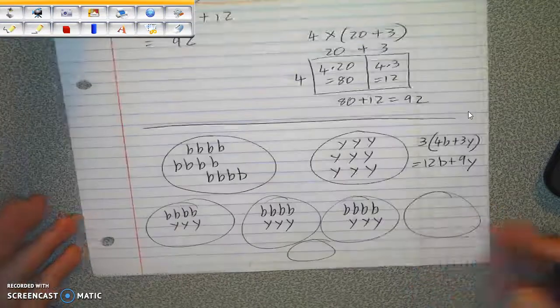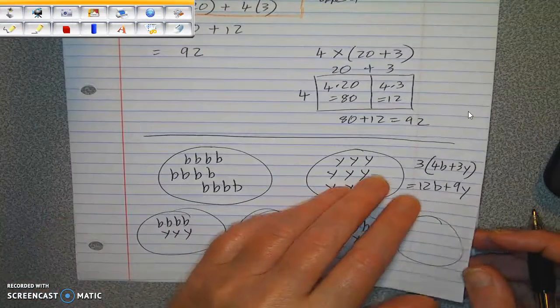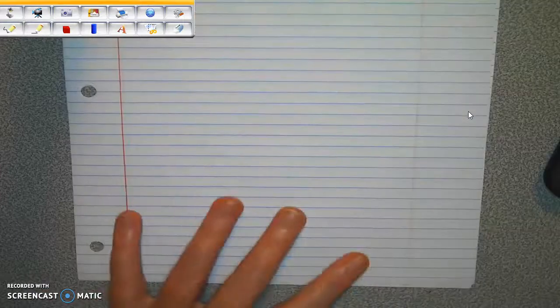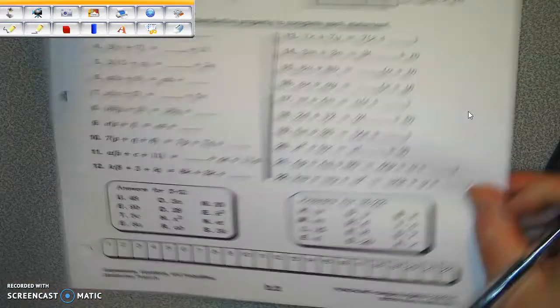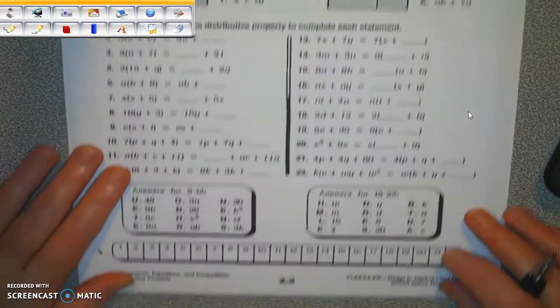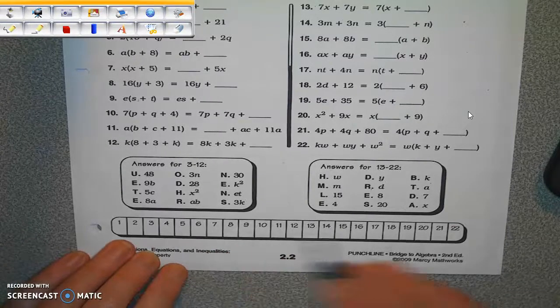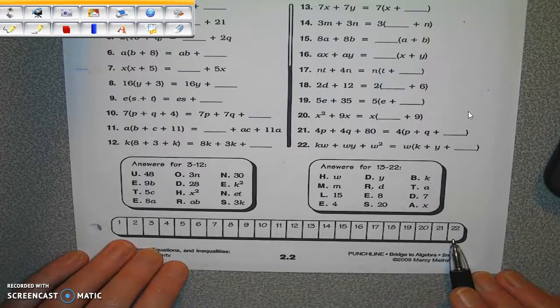Now, what you're going to be doing today is a puzzle based on the distributive property. So I want to show you how this puzzle works. This particular puzzle, I'm going to scan in and you can look at it on Google Classroom. All you have to write out are the numbers from 1 to 22 on a grid, if you don't have a printer. If you have a printer, just print it out.